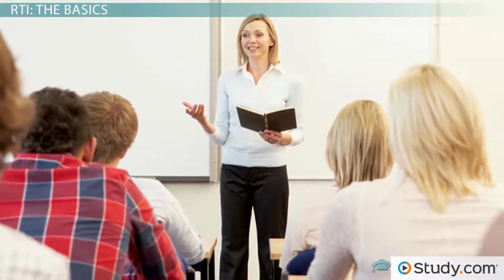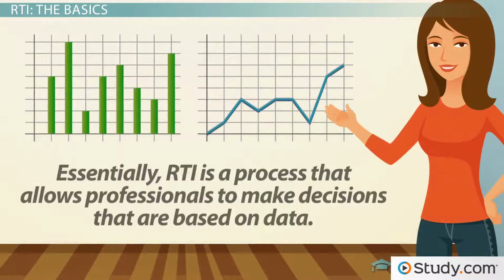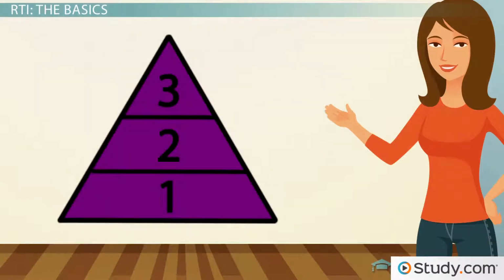When considering RTI, there is one major keyword to keep in mind: data. Essentially, RTI is a process that allows professionals to make decisions that are based on data. In the RTI model, schools develop a multi-tiered system that supports positive behavior and academic success.